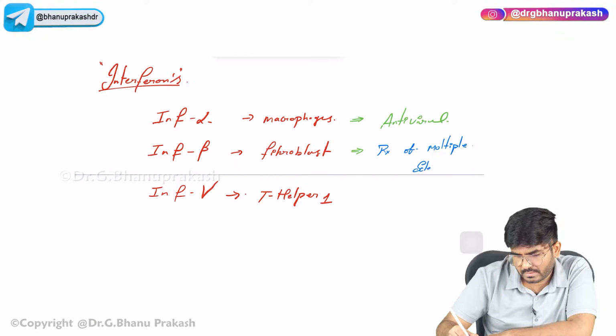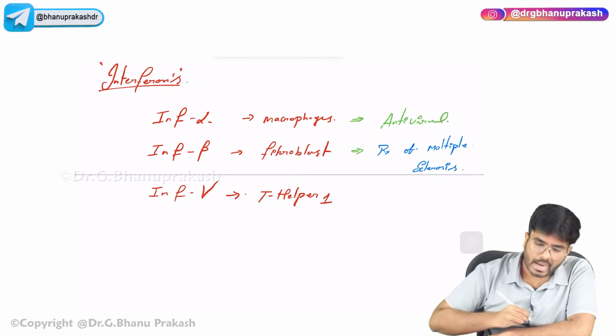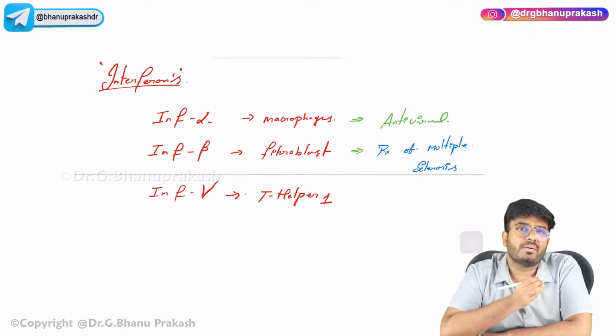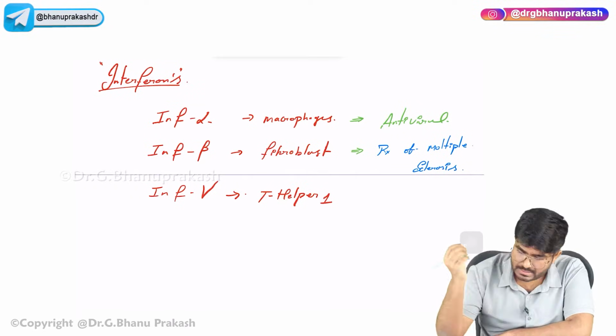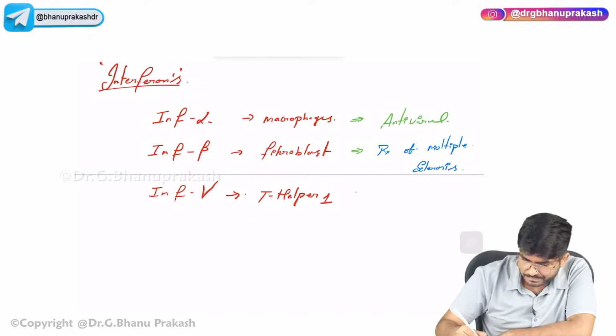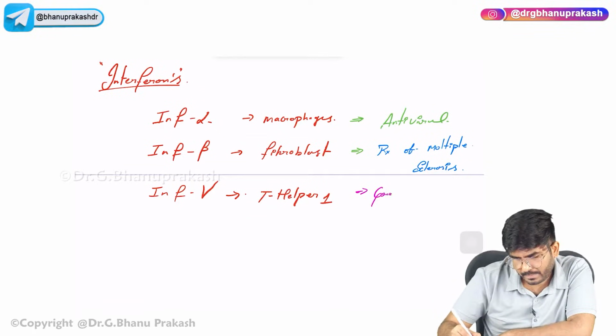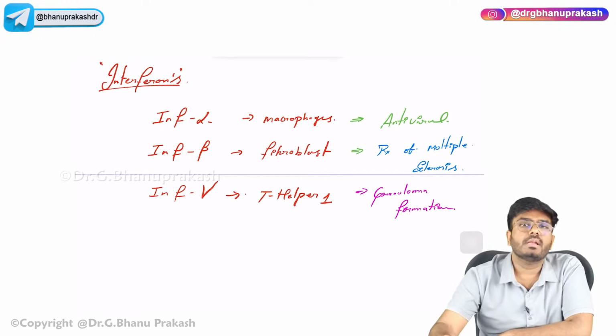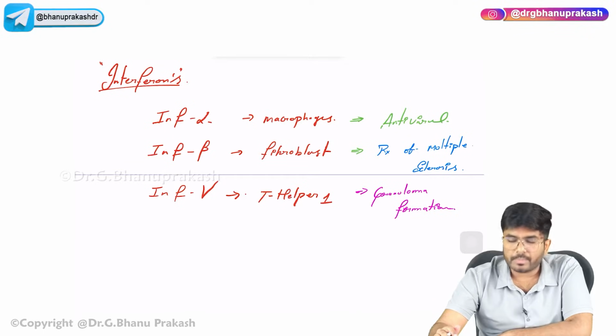And interferon gamma, which is coming from the T helper 1 cells, helps in granuloma formation. So with this, interferons are also completed.